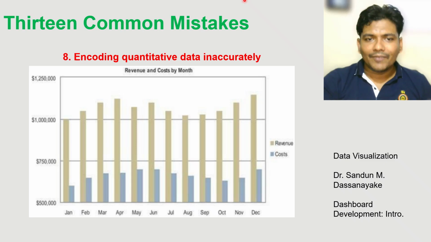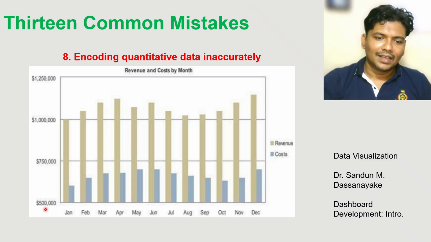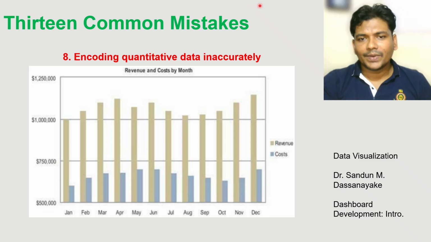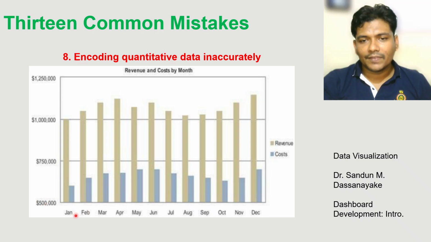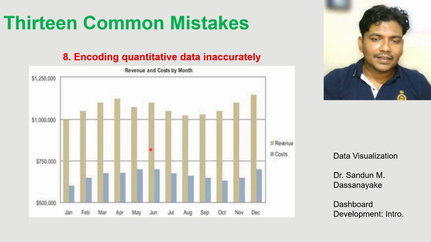But if you look at the scale, you'll see that revenue is actually less than twice the cost. This happened because the scale starts at $500,000 instead of $0, which is not correct for a bar graph. Now, you have to make sure that you don't make this mistake.